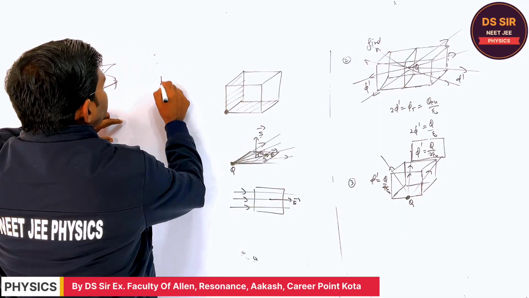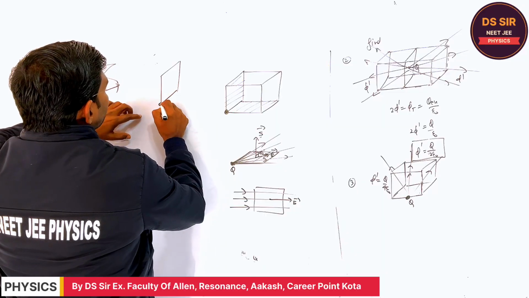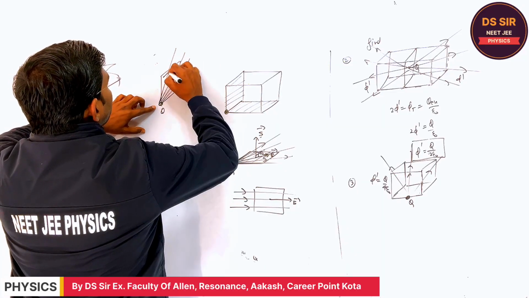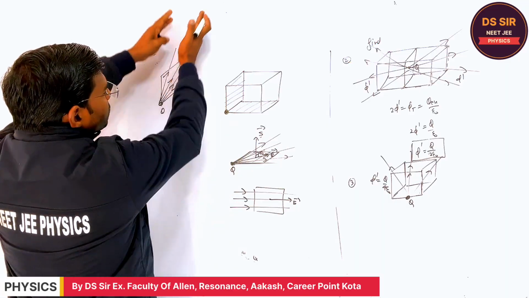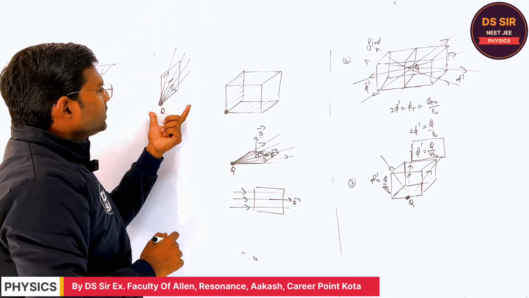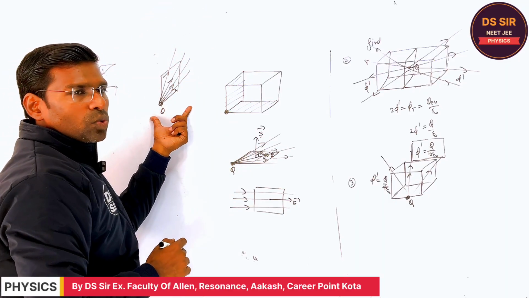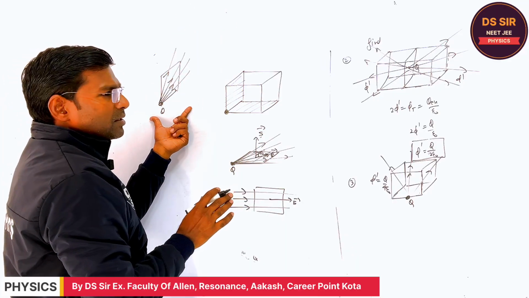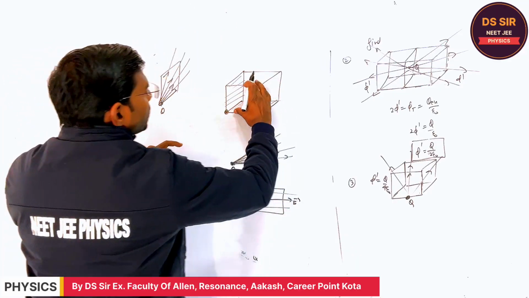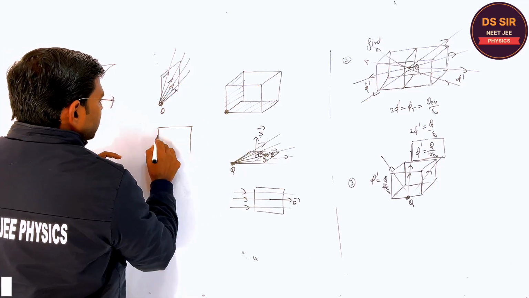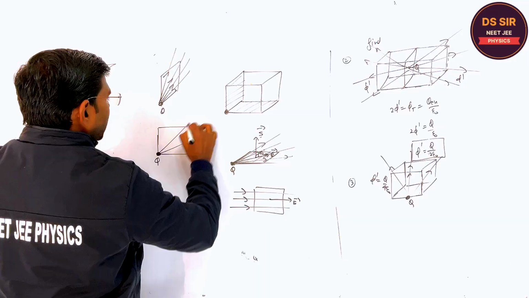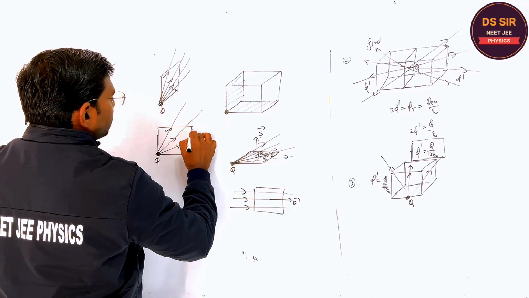If this is the charge q and you consider this face also, there are three faces. This is one face. For this face, the electric field is again passing in the plane of the face. Are you getting? Yes. And also if you consider the front face, and this is the charge q, the electric field is passing in this way.